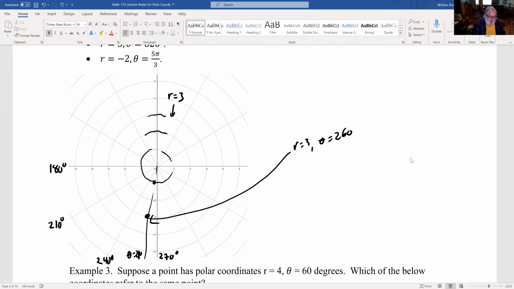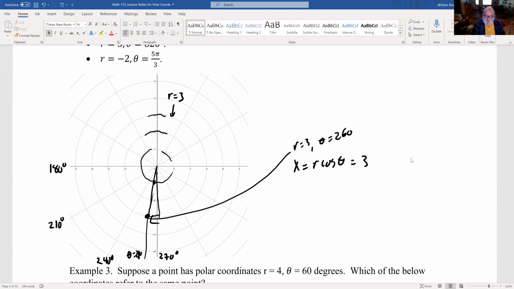So we want to know what the x and y coordinates are, and we can draw in a triangle. And we know how to find the x and y coordinates. If you know r and theta, x is r cosine theta, right? Adjacent over hypotenuse equals cosine.